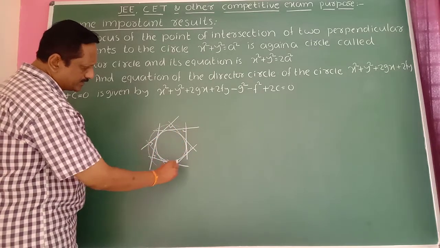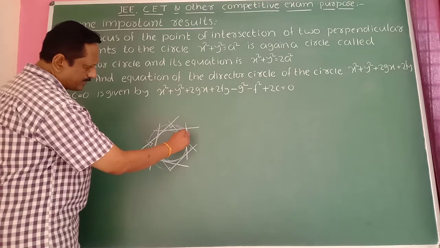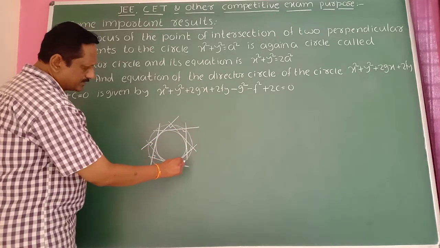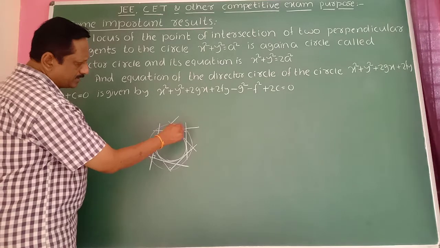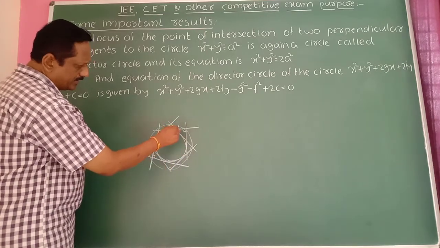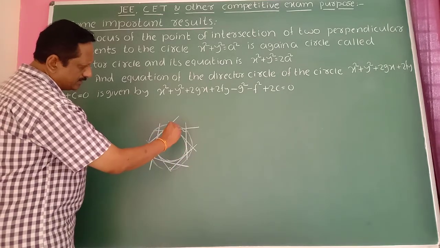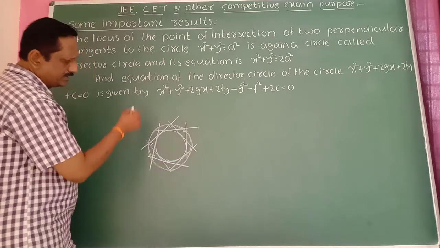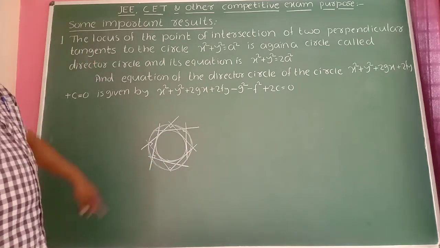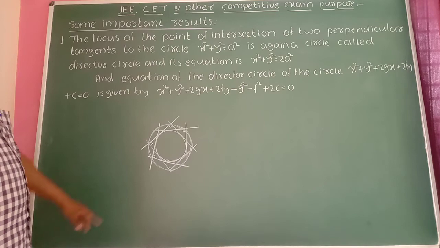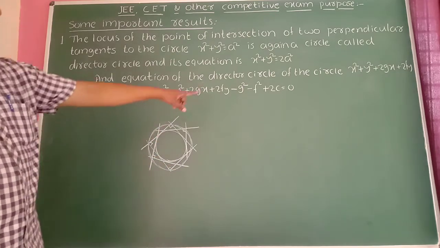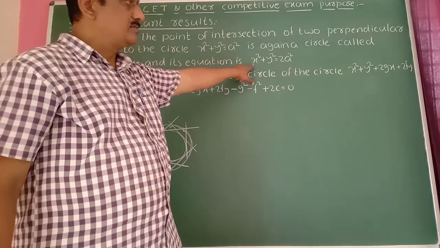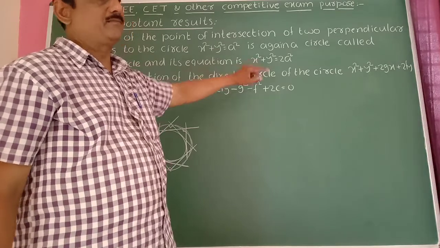That curve is also a circle. Just join all these points here, then we get a circle. That circle is called a director circle here. Equation of this director circle is x square plus y square is equal to 2a square here.